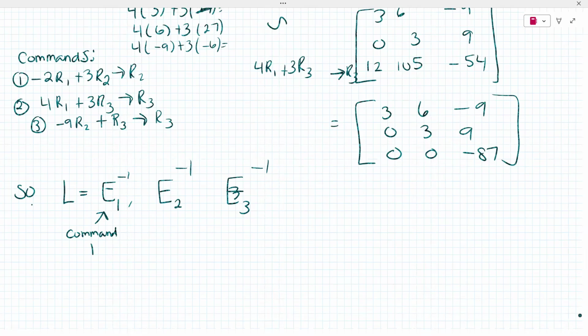So this is command 1. E2 is command 2, and then you just take the inverse. E3 is command 3, and then you take the inverse. Okay?